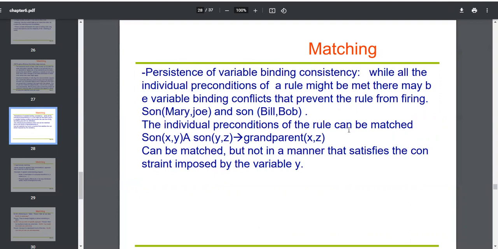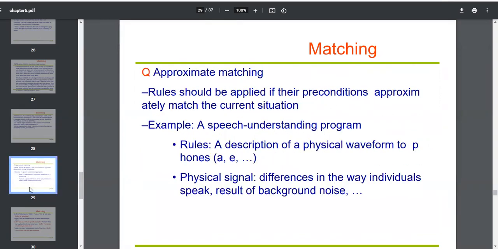Y is common between X and Z. But they cannot be matched in a manner that satisfies the constraint imposed by the variable Y. In this case, Joe is a son of Mary and Bob is a son of Bill, but you cannot employ the grandparent relationship here.